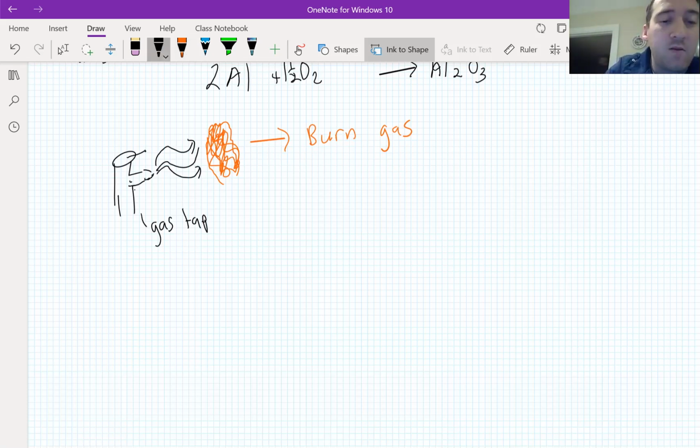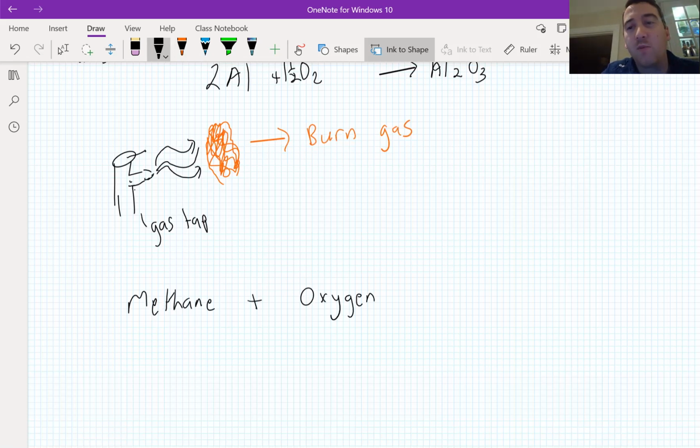What is the gas that's in there? Well, it's this substance called methane. Why does methane burn like this? Well, methane burns when we mix it with oxygen. And we always produce the same two products when we burn a carbon-based fuel in oxygen, and those products are always carbon dioxide and water.